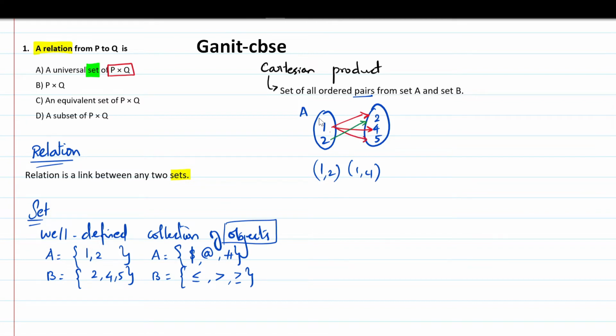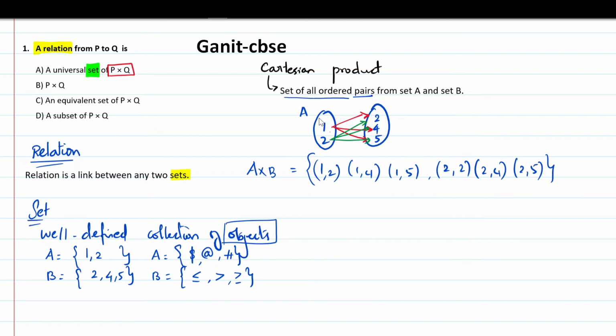And I can pair up 2, 2, 2, 4, 2, 5. So I'm going to write everything. And this set is nothing but the Cartesian product of A and B.